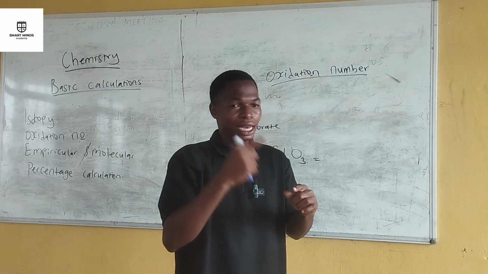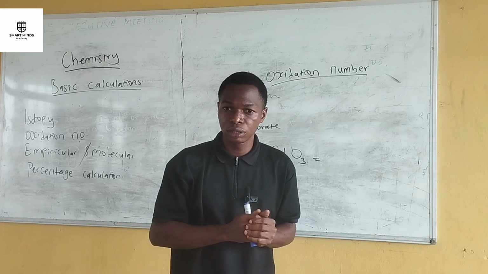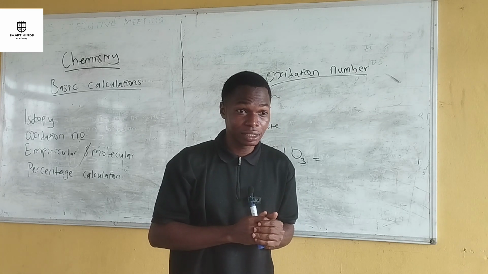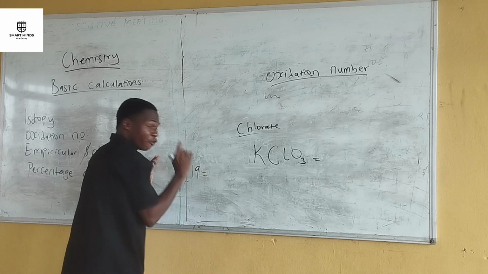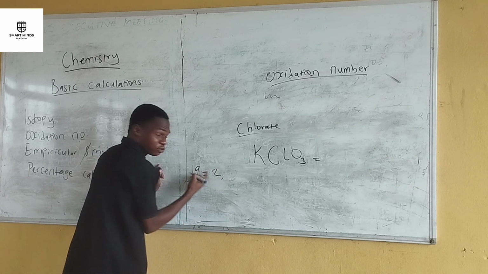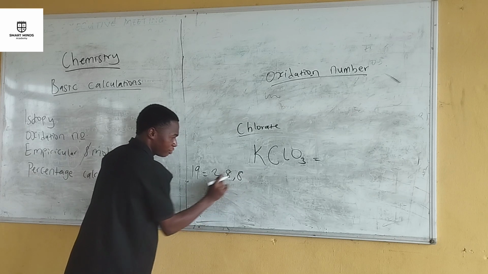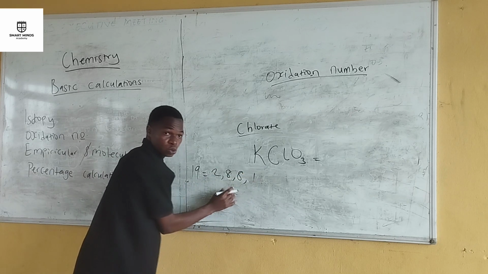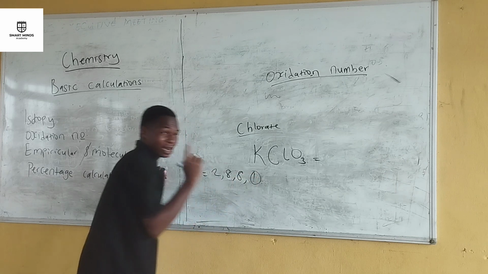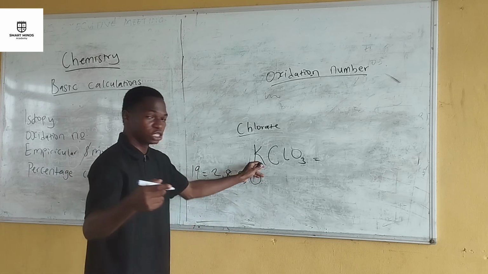So the valence electron of potassium is 1. Potassium is number 19. The first shell will have 2, the second shell 8, the next shell 8, that is 18. So the next one will have 1. So 1 is the valence electron, so 1 can be said to be the combining power of potassium.